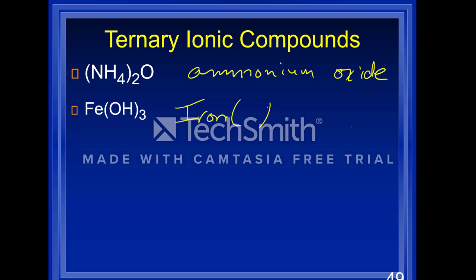OH is 2 capital letters. It means it's probably on the back side of my periodic table. And that is called hydroxide. And so it's iron something hydroxide. I just have to figure out what that is.